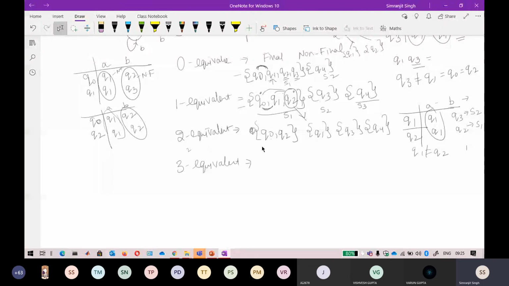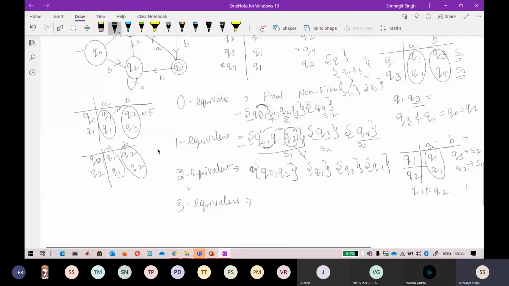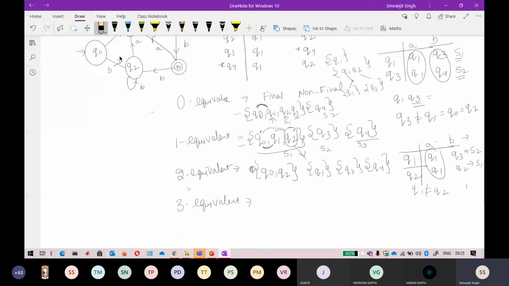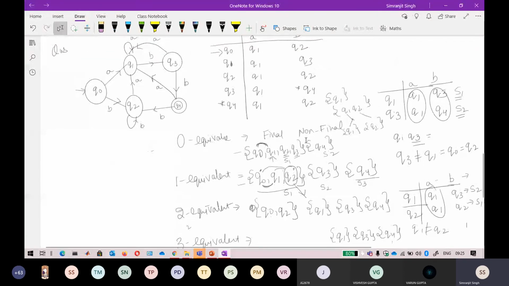Now I have to check about Q0 and Q2, whether this can be broken or not. The sets which contain only one state are consolidated. You cannot change them now, they are just there. Now they are constant. Okay, now our main goal is to break those two, Q0 and Q2.